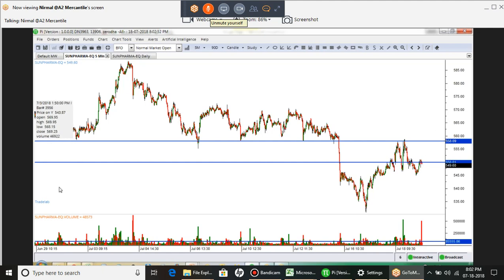Now, if it is reversing back, the long term trend is upside. It will most likely break this level. The moment 560 is the level, it will go to 570. This 10 rupees. Forget about even this 580, 90 level. The moment it will go to 570 level, you will recover your loss.